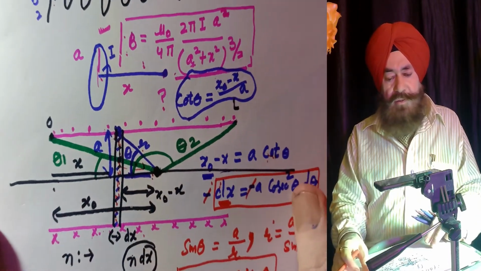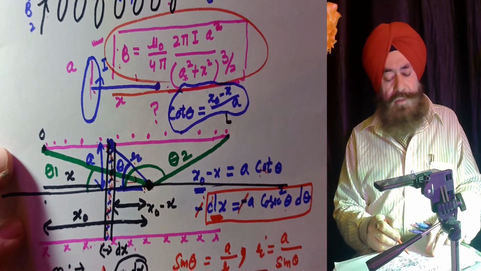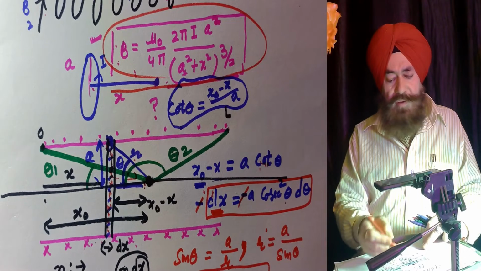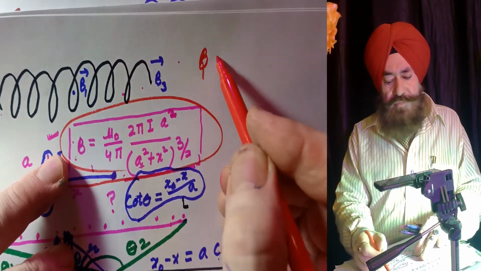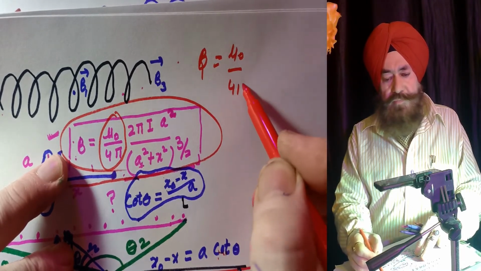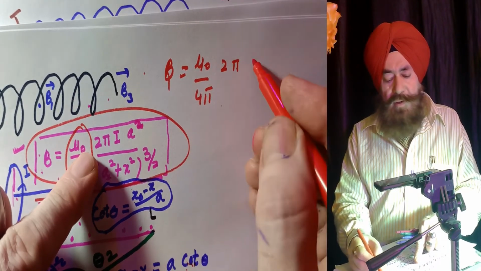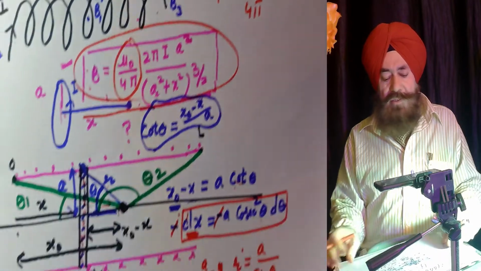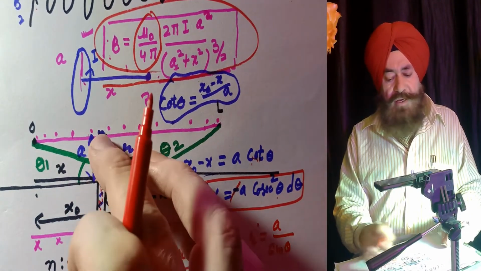By using this formula, very simple, I will write B equals mu naught over 4 pi, then 2 pi I a square, because in my case the radius of this portion of the coil is a.